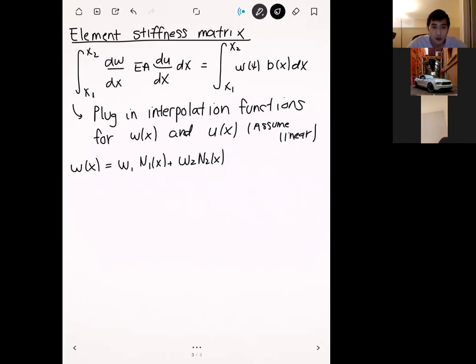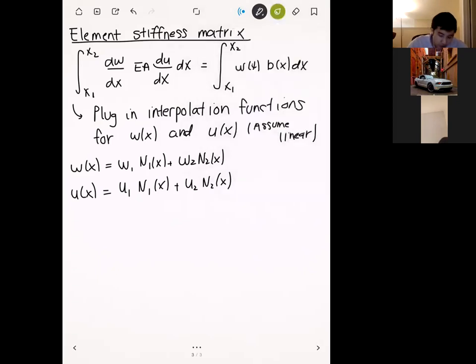Eventually, what you'll see is we're not going to care what w1 and w2 are, but we just need them as tools for now. Then we'll make the same approximation for u(x). So u(x) is going to be u1 times N1(x) plus u2 times N2(x).